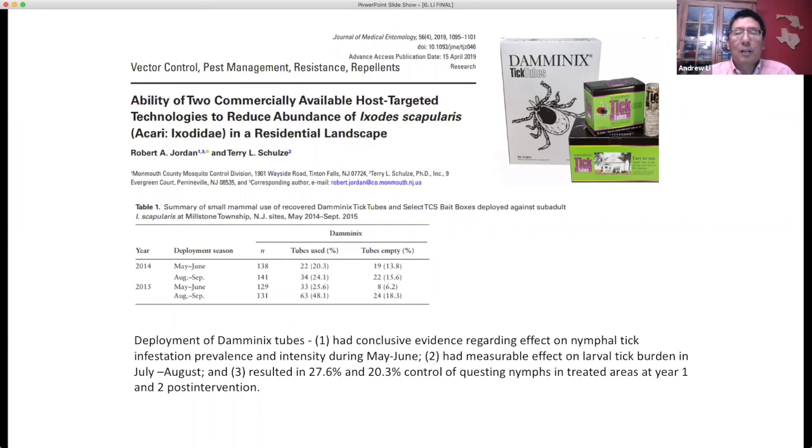But the overall conclusion is that the tick tube had some effect on the larval stage in late season, but its overall effect on questing nymphs is very limited. It's about a 20–27% reduction compared to the untreated side. Next slide, please.